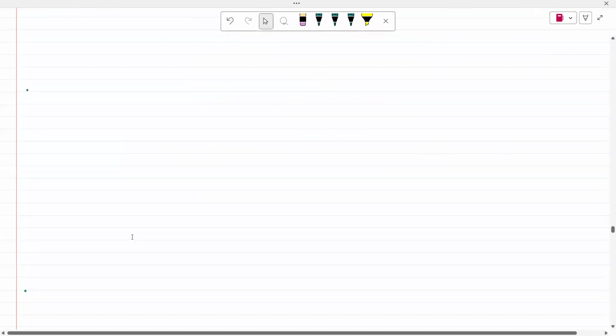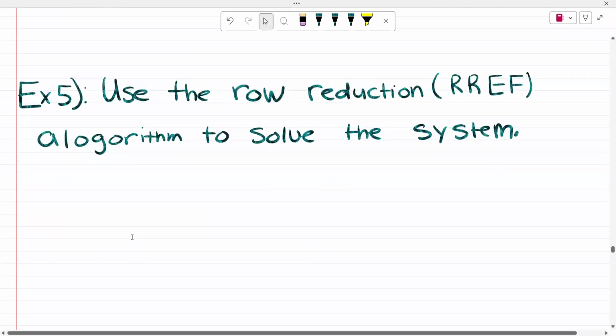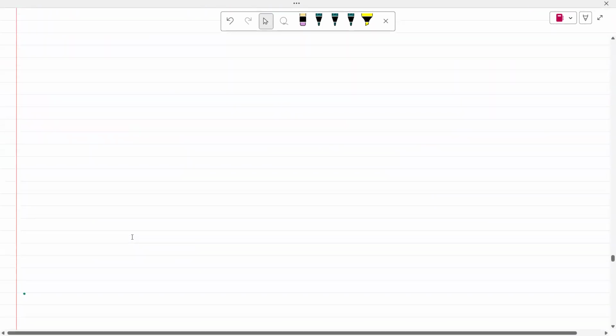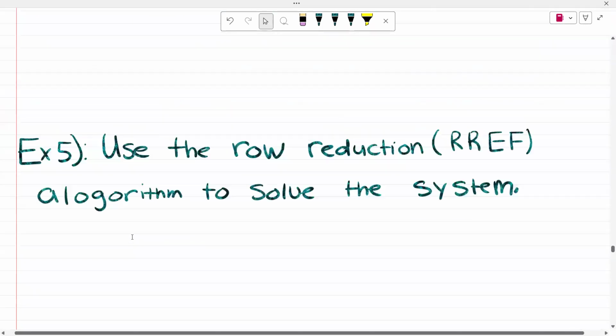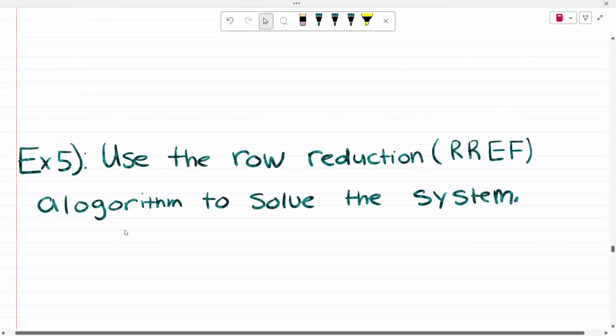Example 5, use the row reduction RREF algorithm to solve the system. And why did I not write the problem? Okay, so let me write the problem.